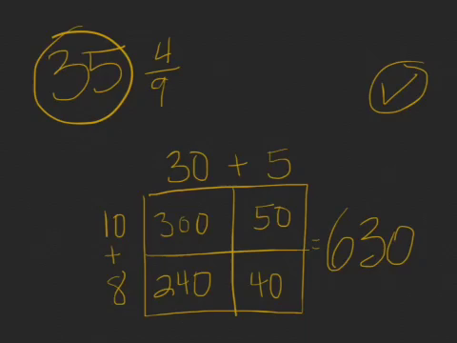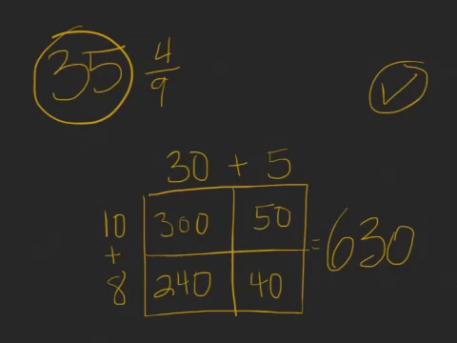Well, let's look at our remainder. Our remainder right here was 4/9. That's because we reduced our fraction. So we're not talking about groups of 18 anymore. We're talking about groups of 9. Well, that's not going to work for interpreting our remainder for this problem. So what we need to do is go back and look at what the remainder was at the bottom of that long division problem.